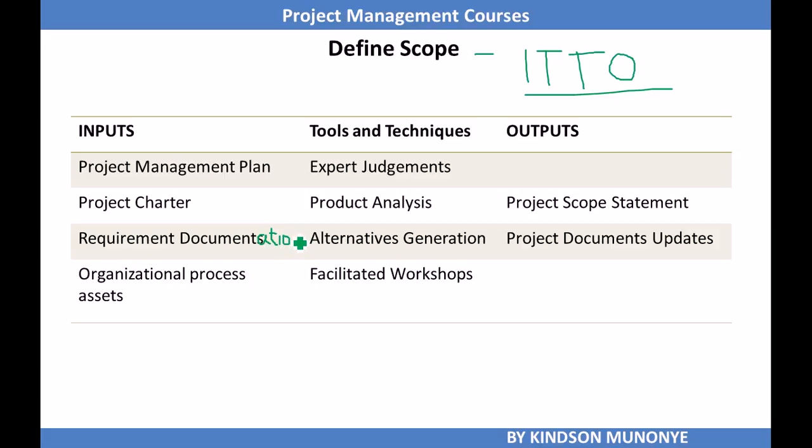But by the PMBOK guide, we have requirements documentation, then we have organizational process assets, and for tools and techniques we have 4 items: expert judgment, product analysis, alternative generation, and facilitated workshops. Alright, so the outputs are the project scope statement and project document updates. Let's look at these items closely to see if we can gain some insights.